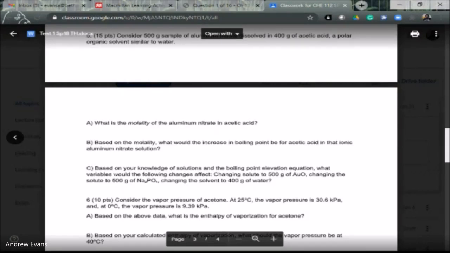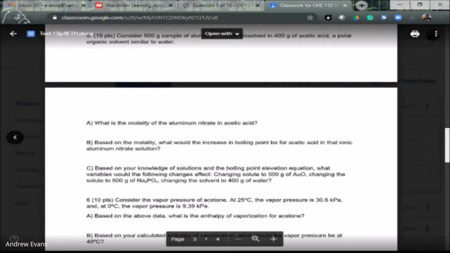So the moles of sodium phosphate would have gone up. Even though the I would still be 4, the moles would have gone up, so the molality would have gone up, and so the boiling point elevation would have gone up.